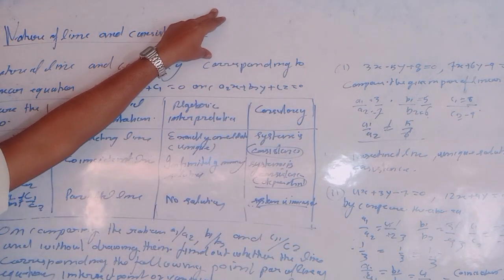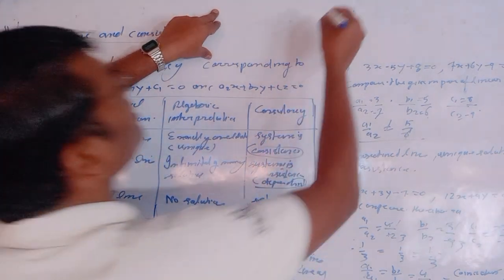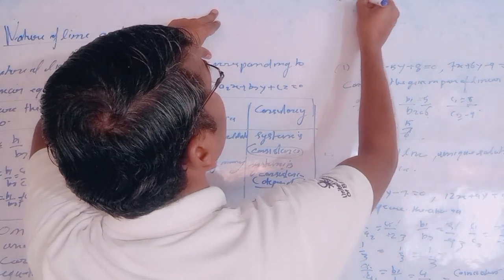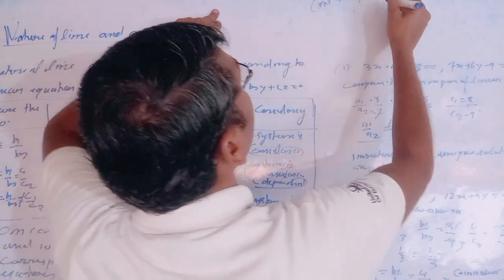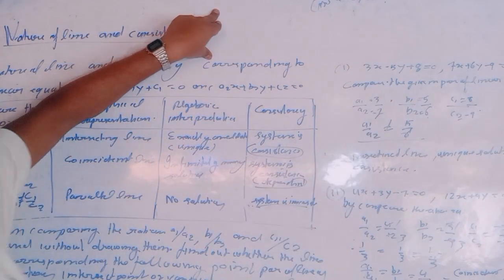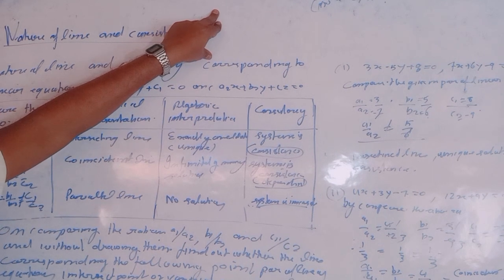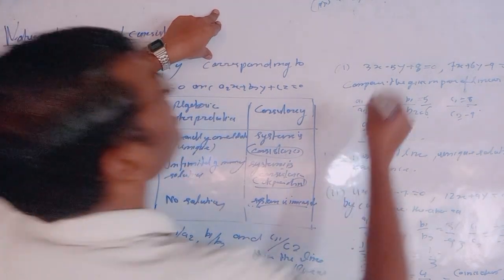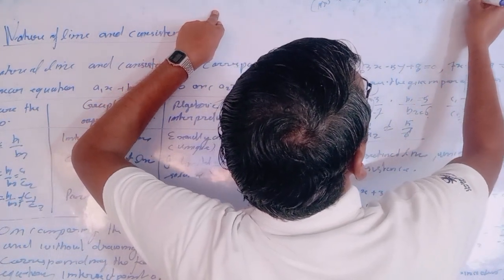Suppose we take another example so that it can be clear. Given the first equation, 3x minus 5y, that is x minus 2y plus 5 is equal to 0. This is the third example. And the second equation is 8y minus 4x plus 20 is equal to 0.